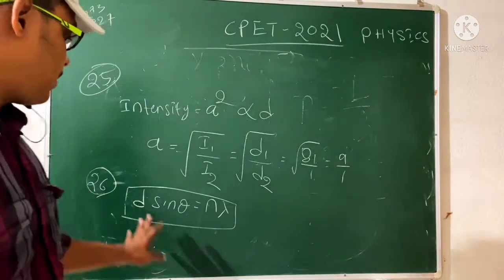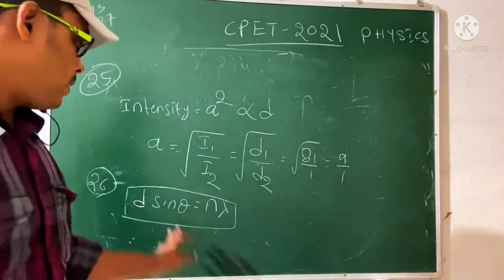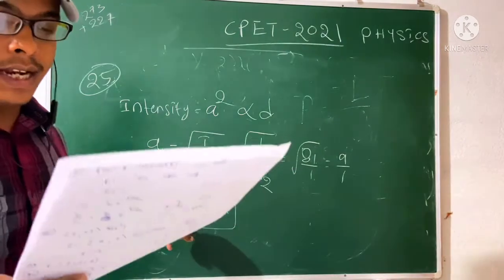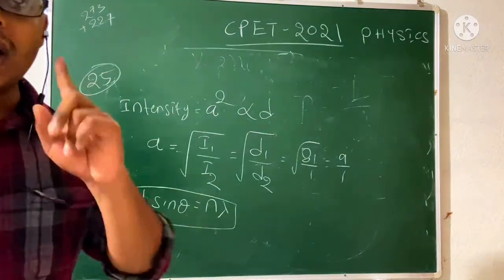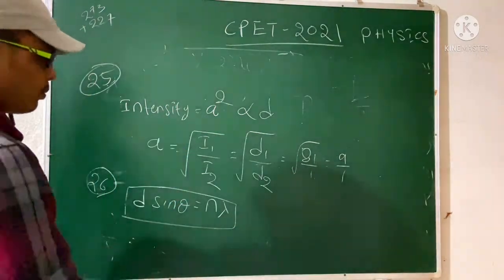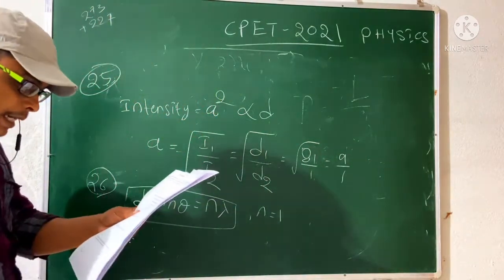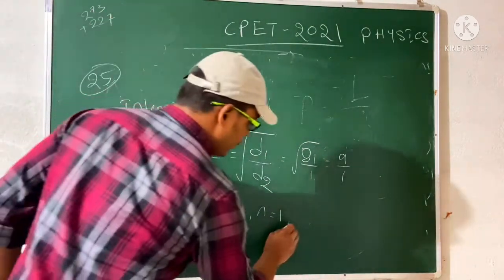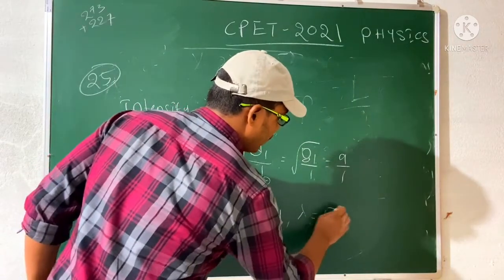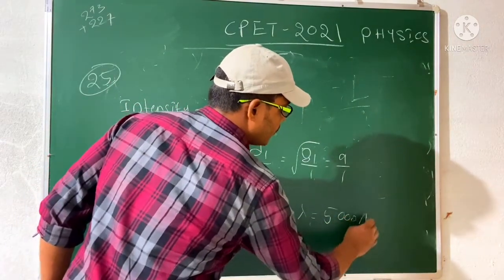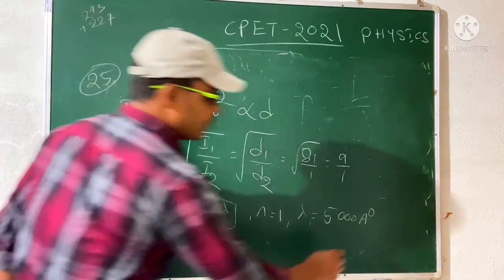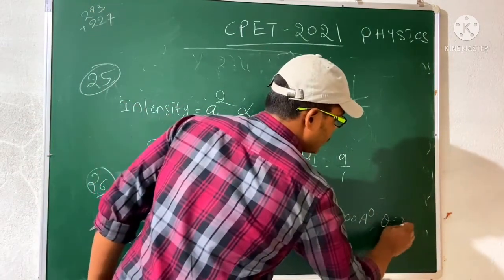Double slit, Young's double slit experiment, is 2D sin theta equal to n lambda, but since it is single slit, D sin theta equal to n lambda. For first diffraction, n equal to 1. Wavelength lambda is 5000 angstrom, and theta is given as 30 degree.